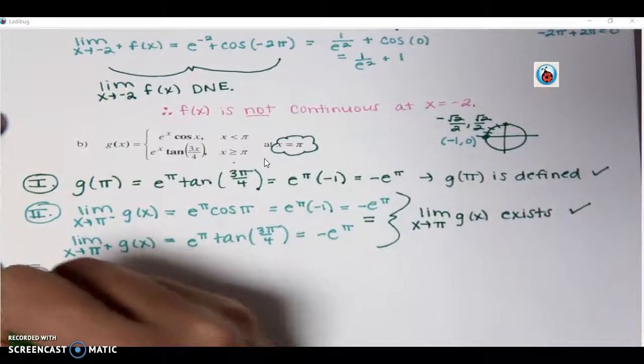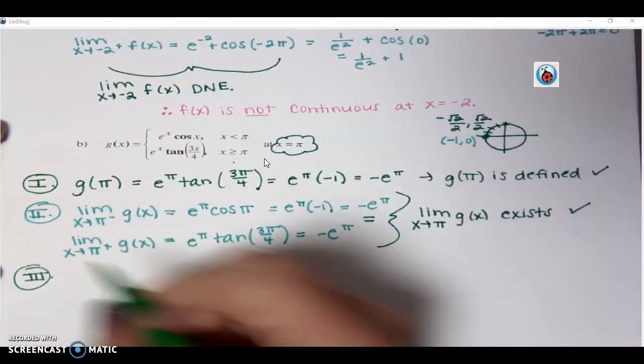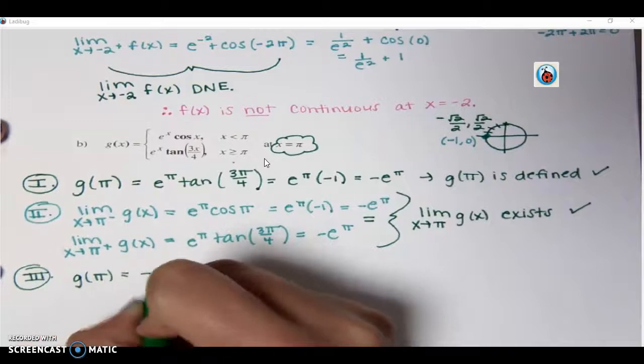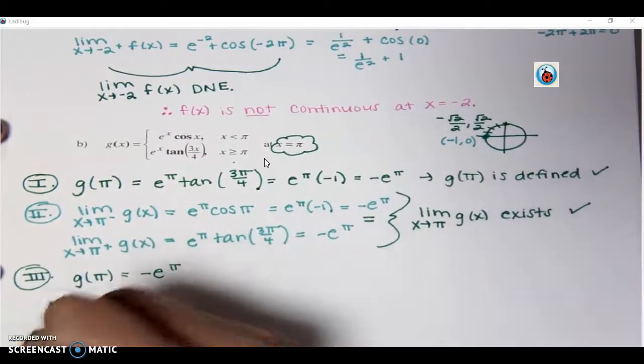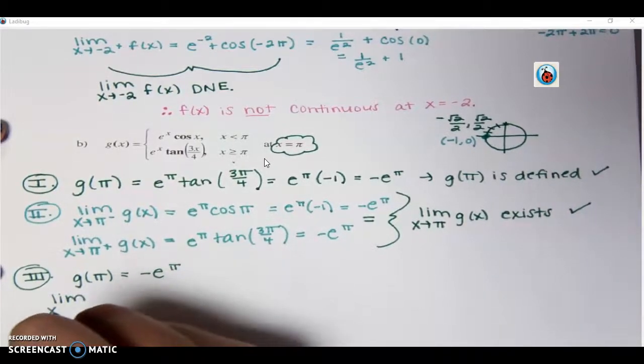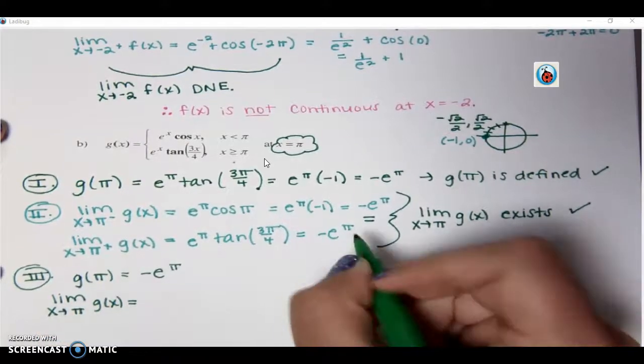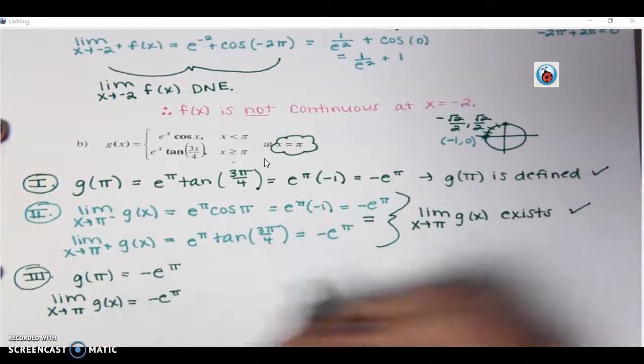So step 3, you're trying to see if step 1 and step 2 are equal. So in step 1, we found out that g of pi is negative e to the pi. In step 2, we found out the limit as x approaches pi from the left and the right both gave you negative e to the pi.